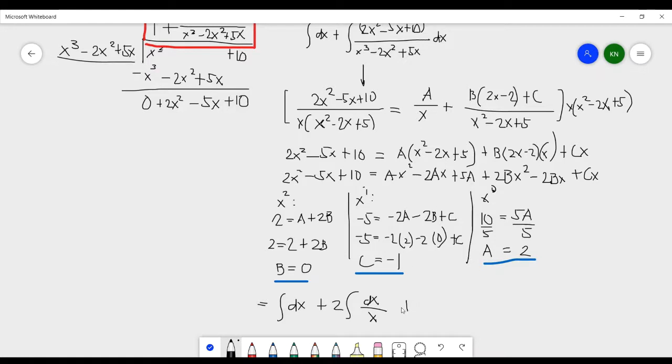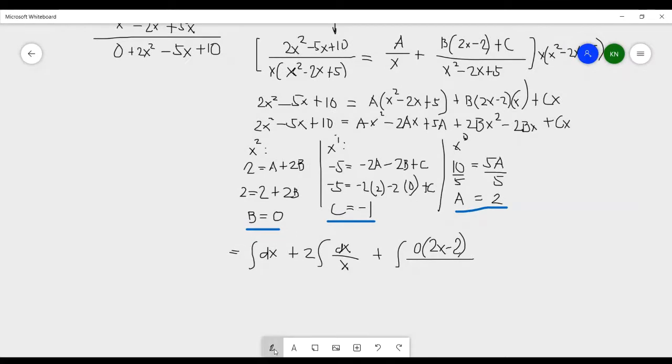And then for the b, that is equivalent to 0 times 2x minus 2 all over our denominator, which is x squared minus 2x plus 5 dx.